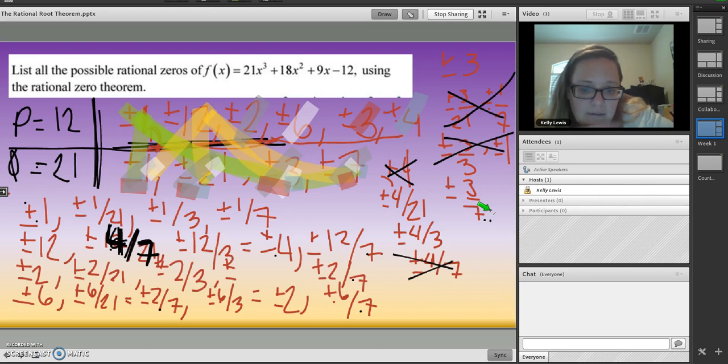I don't see it. 6 sevenths, we may have already gotten. 2, 2, and 2. 2 sevenths. 2 sevenths is right here.